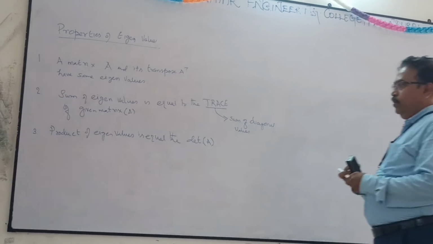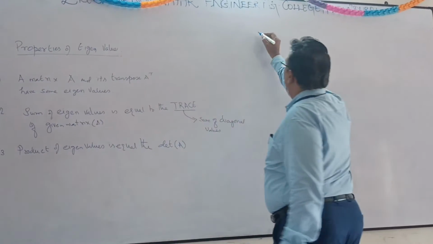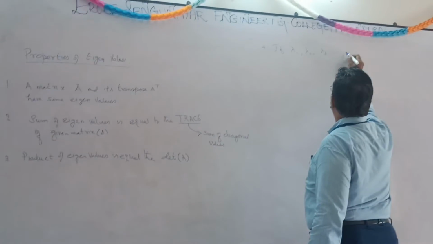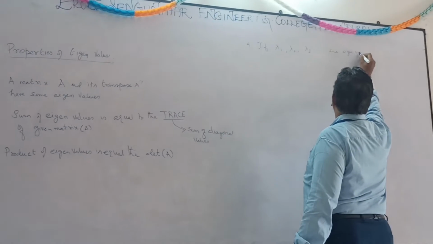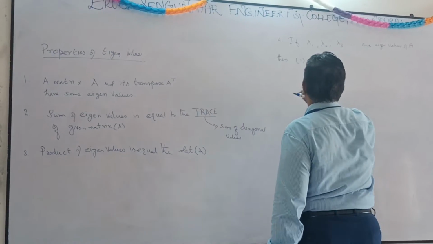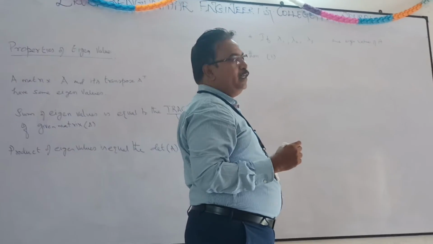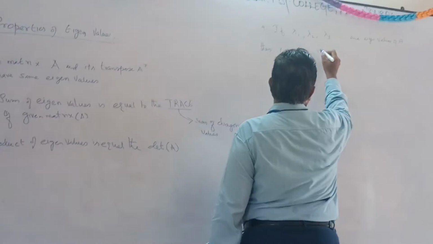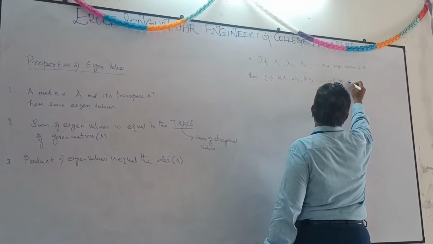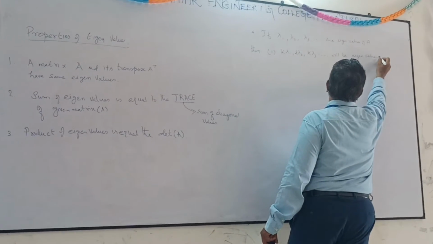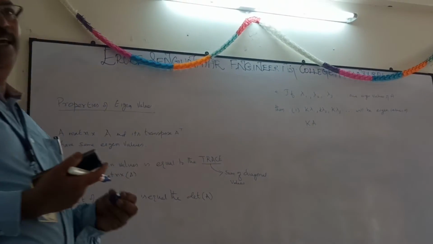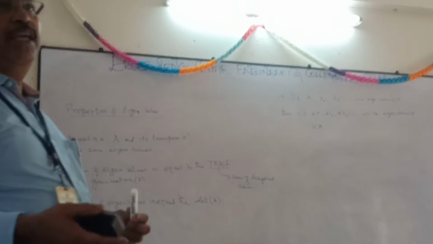Fourth property. If lambda 1, lambda 2, lambda 3 are eigenvalues of A, then, number 1, k lambda 1, k lambda 2, k lambda 3 will be eigenvalues of kA, when the matrix is multiplied by a constant k.